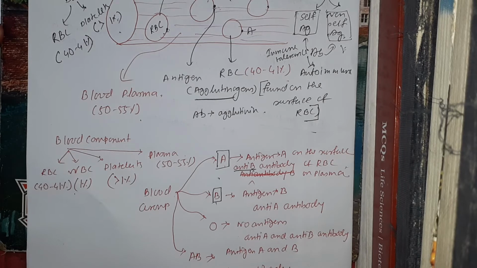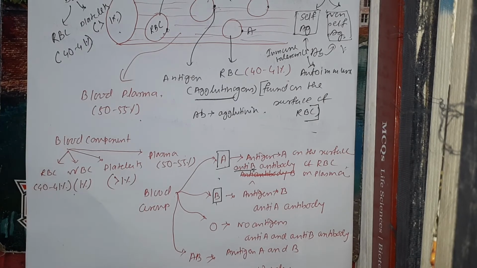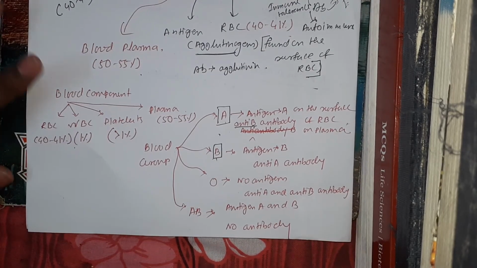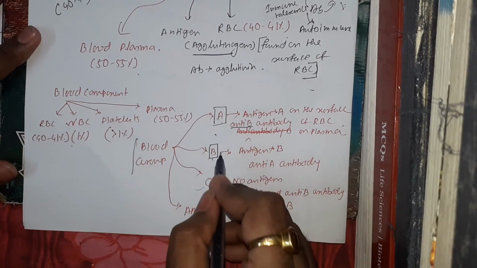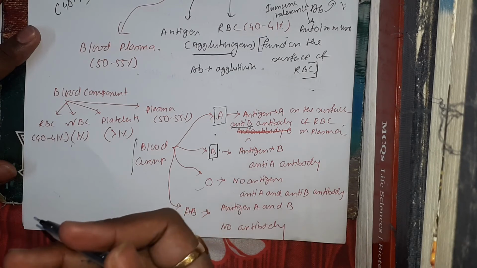That means the blood groups are typically named on the basis of the type of antigen present on the surface of RBC, right? Now I know you think that in case of O the antigen will be O, but that is not the case. In that case, no antigen will be present on the surface of RBC. We will also talk about some H antigen in later videos, when we talk about the development of all these types of antigen, how these antigens develop.